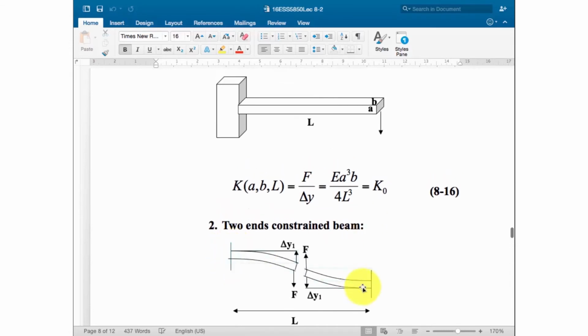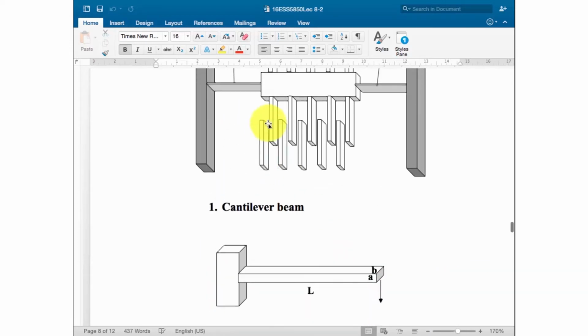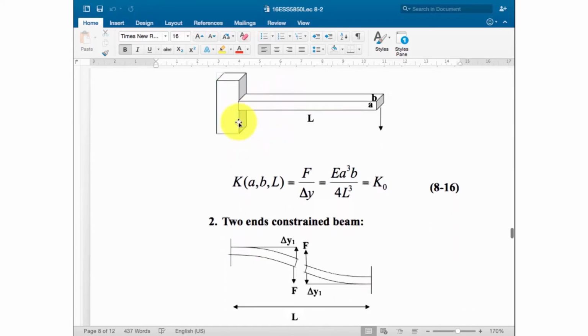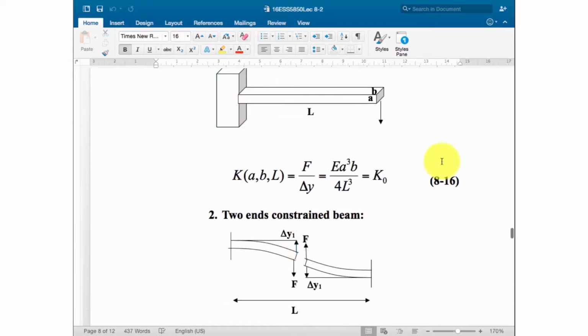Because we have fixed walls on either side, this is the center part, and this part connects to the actuator. We take out one side, for example the left-hand side, for consideration. When the whole actuator moves down, you can see the cantilever will deform like this.